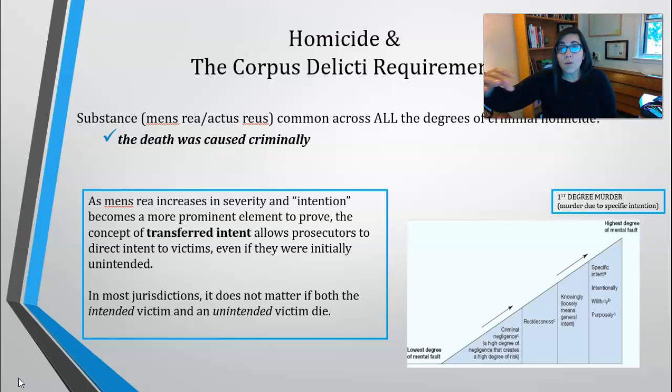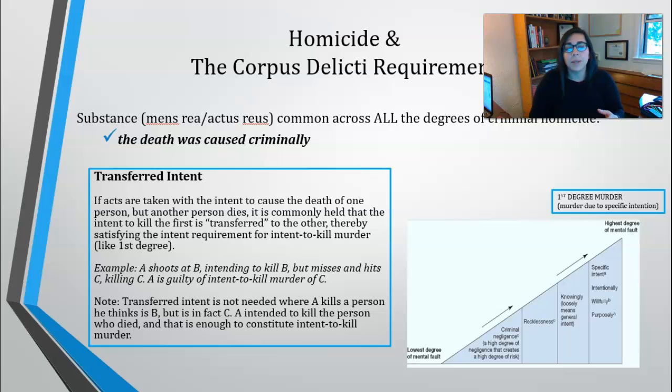And as we move up the scale, we can introduce the concept of transferred intent as well. So even if your direct intent was to kill A and somehow B got killed, you pointed a gun at A, you shot the bullet, it went through the wall and killed somebody else, even though that somebody else was not the direct target of your intent, we can use transferred intent to take that mental state and shift it to another victim in some cases.